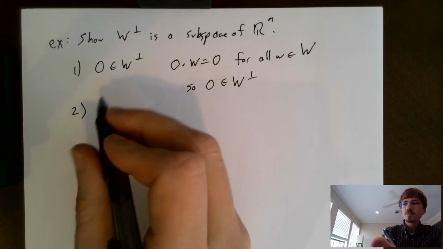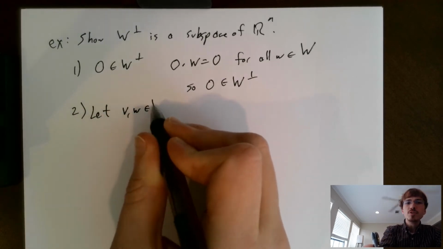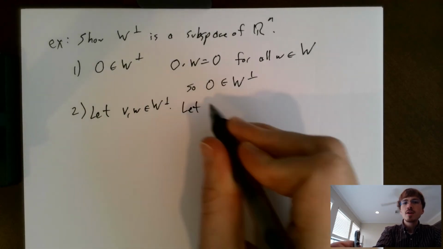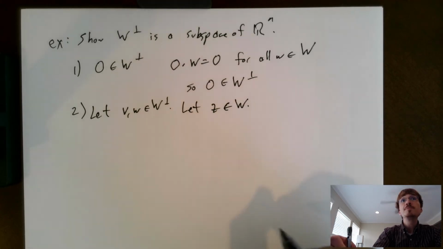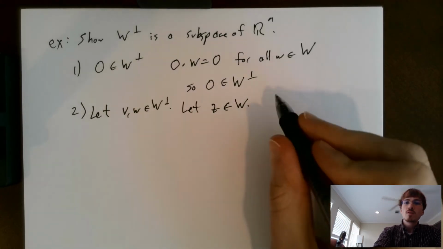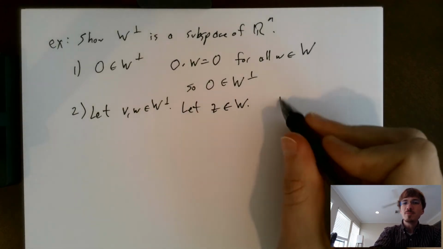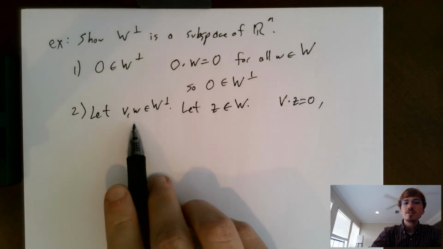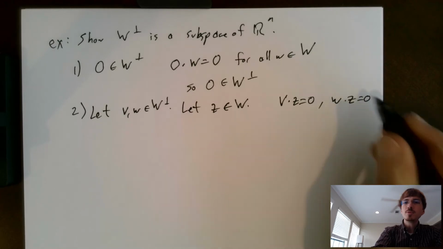Two. Let's let V and W be 2 vectors in W perp. Yeah? And let's pick some other vector Z that lives in W. We know if V is in W perp, what does that mean? That means that V dot Z is equal to 0. W in W perp means that W dot Z is equal to 0.